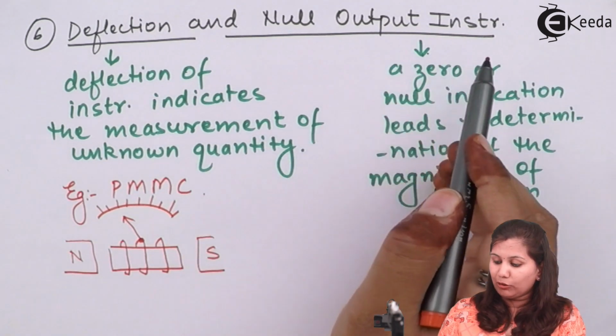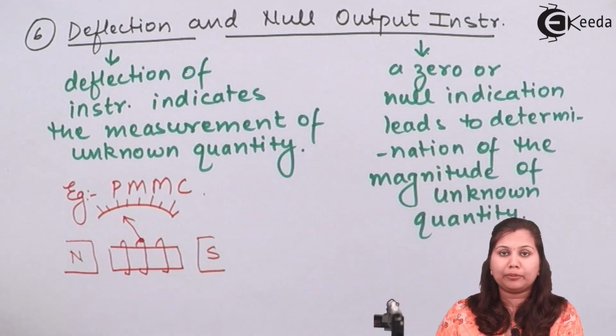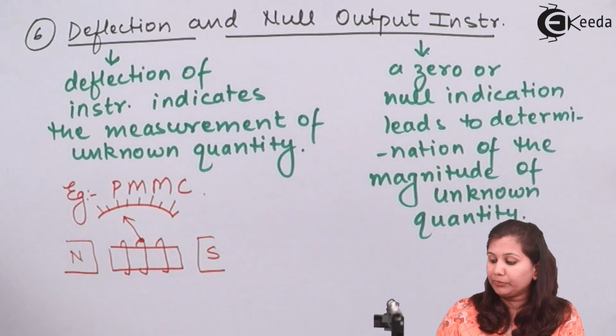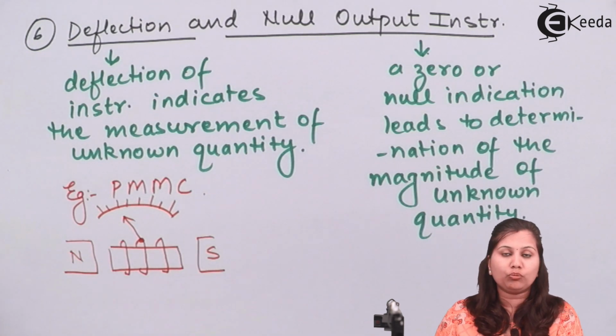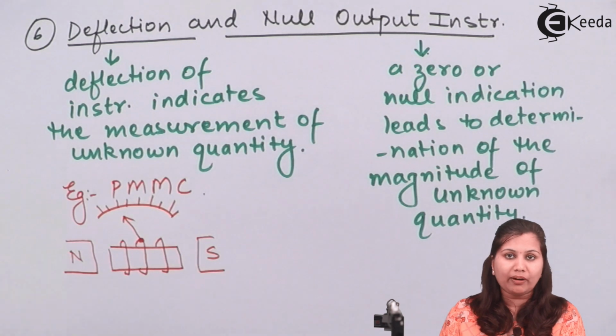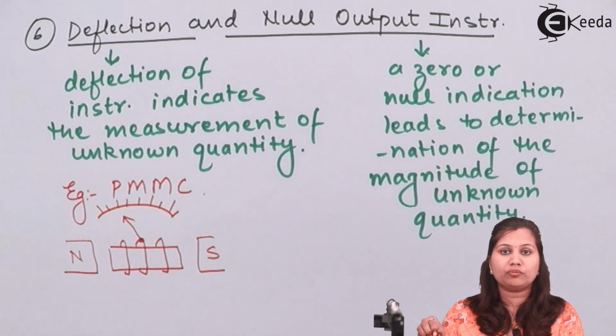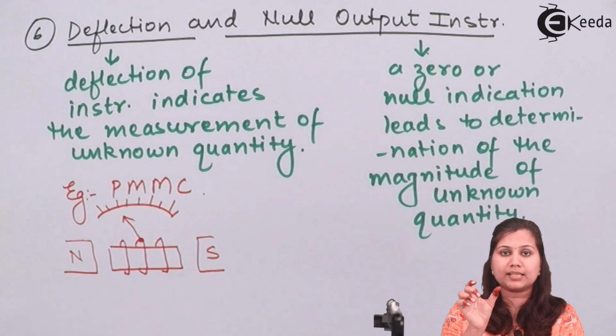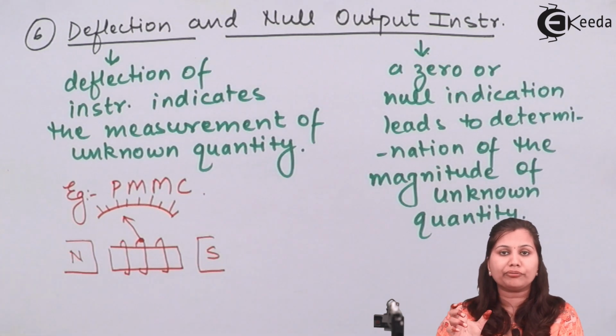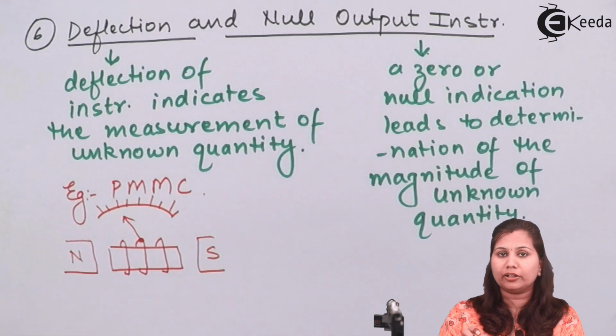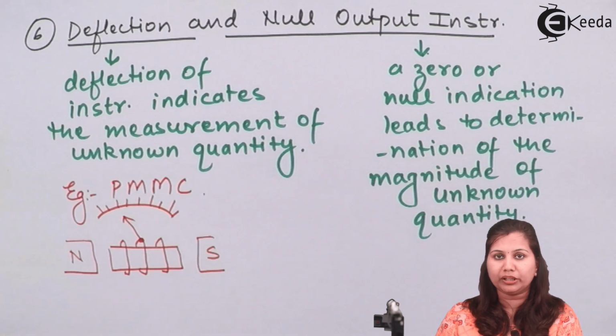Whereas in the null output instruments, take the example of the DC potentiometer. We have the slide wire potentiometer in which we move the key or knob over the slide wire, and when the galvanometer shows zero deflection, it means that the EMF of the standard cell and the unknown EMF are equal to each other.